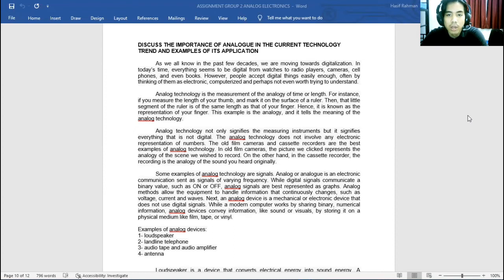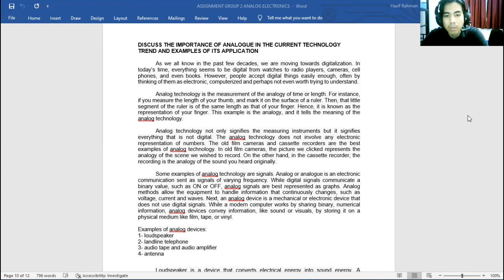Analog is an electronic communication sent as signals of varying frequency, while digital signals communicate a binary value such as on and off, or 1 and 0. Analog signals are best represented as graphs. The analog method allows the equipment to handle information that continuously changes, such as voltage, current, and wave.